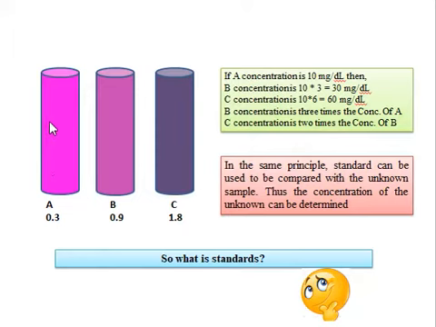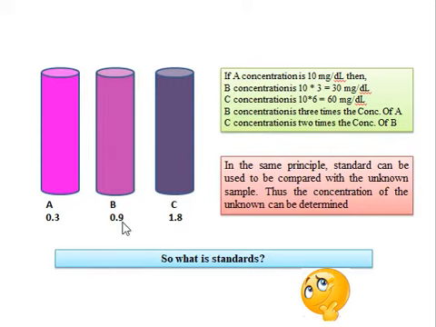If A solution has a concentration of 10 milligram per deciliter, so B solution that gave a value 3 times the reading of A solution will also have a concentration 3 times the concentration of A. So B concentration will be 30 milligram per deciliter.